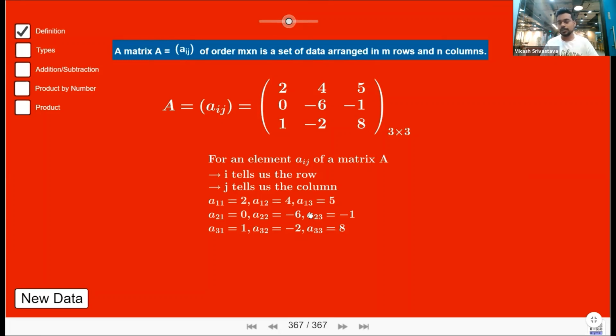The topic for today is matrix algebra. I guess you must all be familiar with the concept of matrices. We introduced the idea of a matrix when we were learning NumPy: a matrix is a two-dimensional array of numbers, with columns and rows.